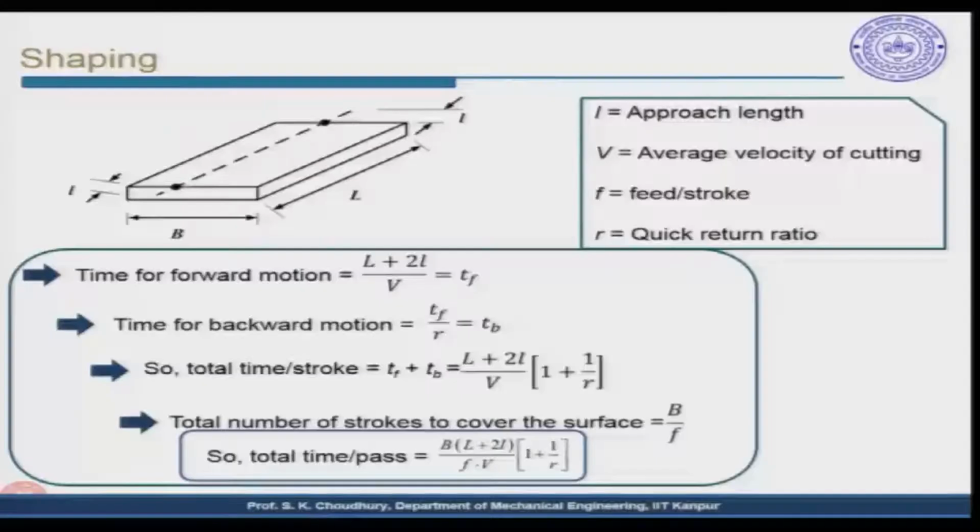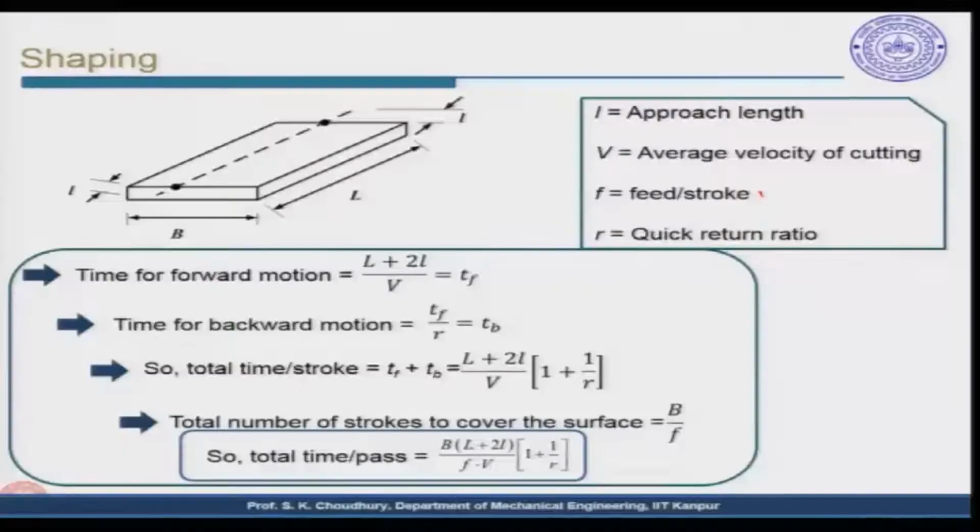Cutting process takes place along the length L. Now, approach length is small l, V is the average velocity of cutting, F is the feed per stroke. Mind it, the tool will go and come back, for example in case of shaping. So, it goes forward and comes back at a higher speed. So, this is one stroke, the tool going forward and coming back.